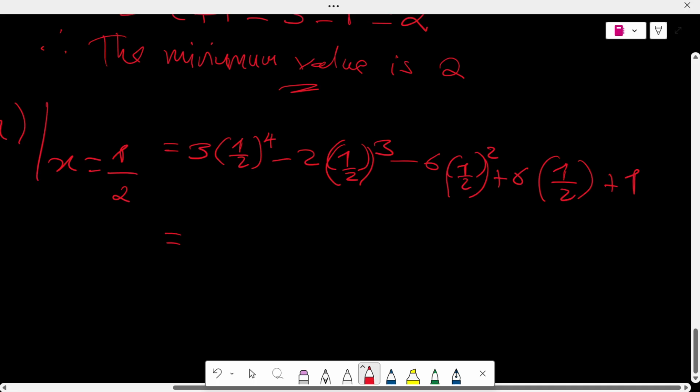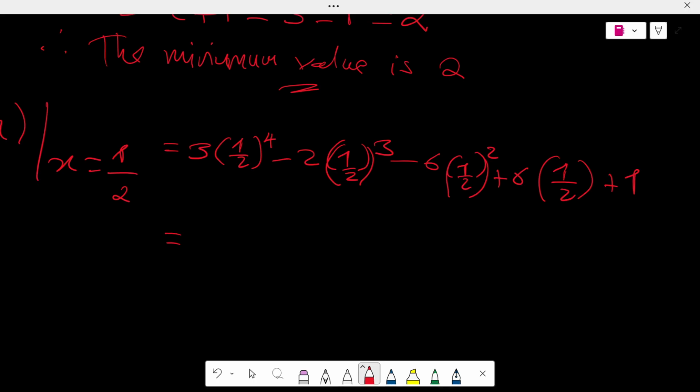So here now you can use a calculator. So we have 3, 1 over 2 to the power 4, then minus 2, 1 over 2 to the power 3, then minus 6, 1 over 2 to the power 2, then plus 6, 1 over 2. Here use a calculator, guys, don't stress your head.